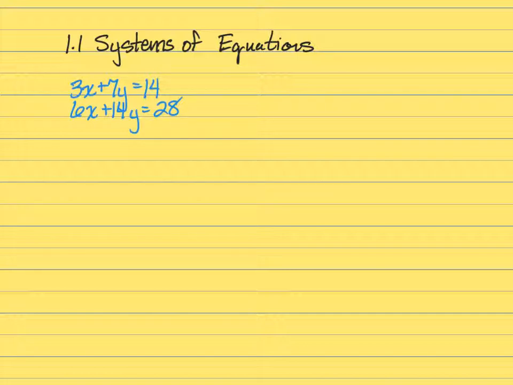Now, you'll remember, if we want to solve this system, we've introduced several methods of solution. Now, graphing, we can solve some systems by graphing. Graphing serves some other purposes for us, but you need to know how to solve this kind of system by graphing. So you may want to review that.